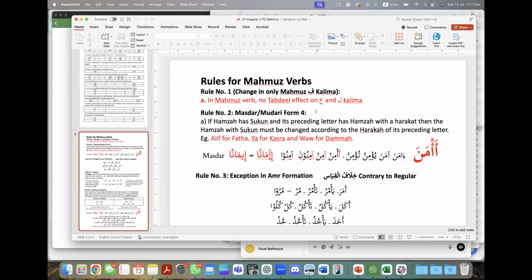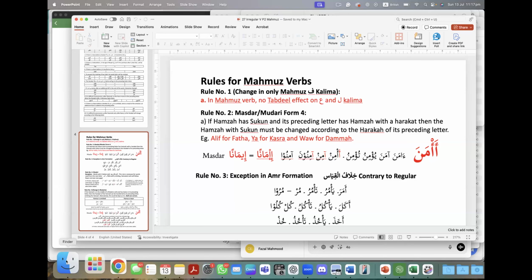I'm talking about Ghayru Sahih. Did you say 4 days left for everything? Yes. So Ghayru Sahih has Mahmuz, Mithal, Ajwaf, Naqis, and then Lafif, Muda'af, all together.